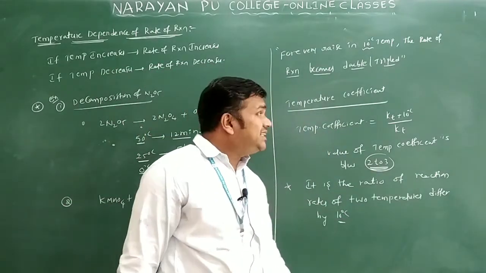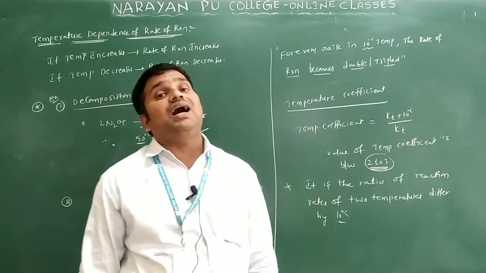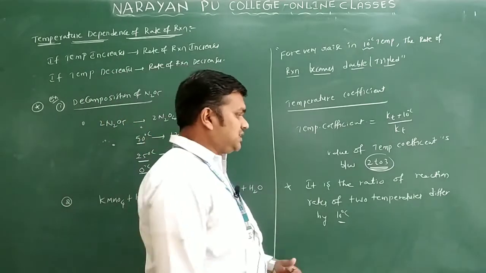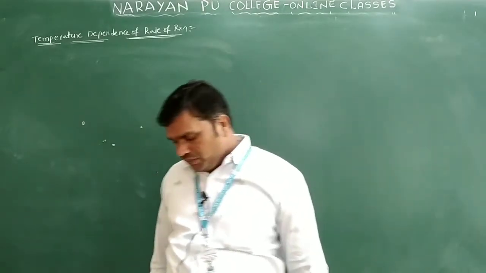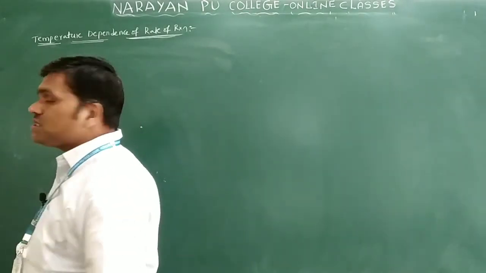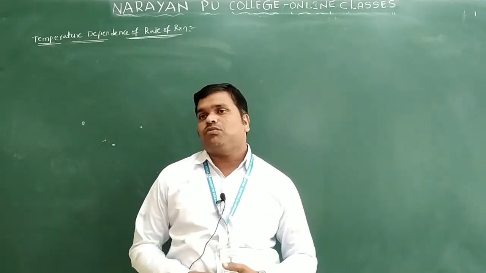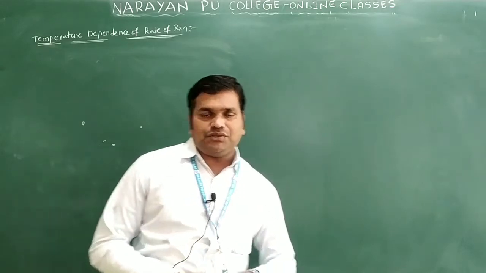Generally, the temperature dependence of the rate of reaction is given in terms of Arrhenius, which we call the Arrhenius equation. We will discuss that one. Now we will see that the temperature dependence of the rate of reaction can be explained by Arrhenius in the form of one equation. That equation we call the Arrhenius equation. Clear?